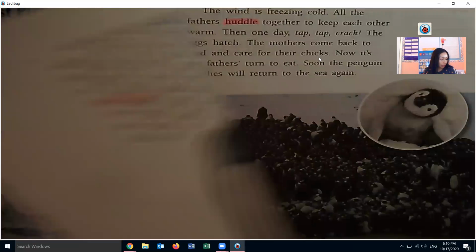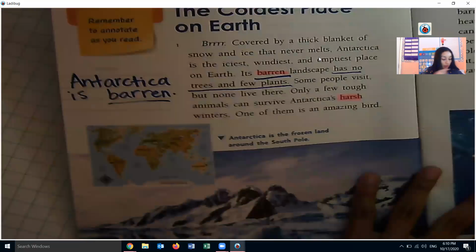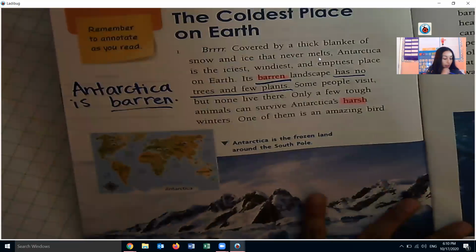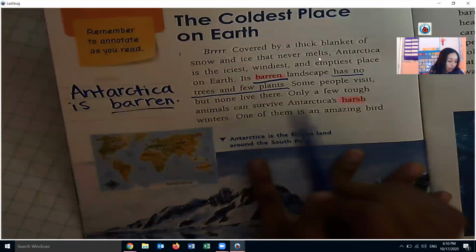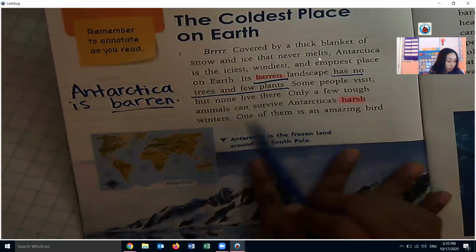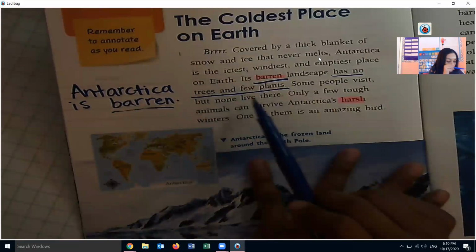So we're going to think about how the photographs support the words in the text. Let's go back to the map page first. The map supports the words because it says only a few tough animals can survive Antarctica's winters. Antarctica is the iciest, windiest, emptiest place on Earth.